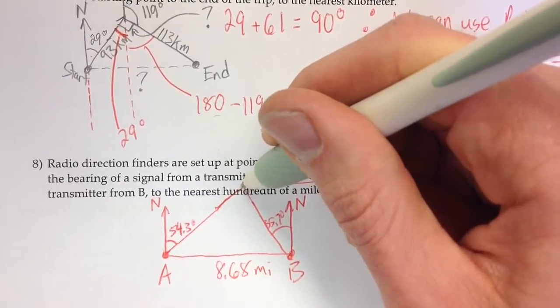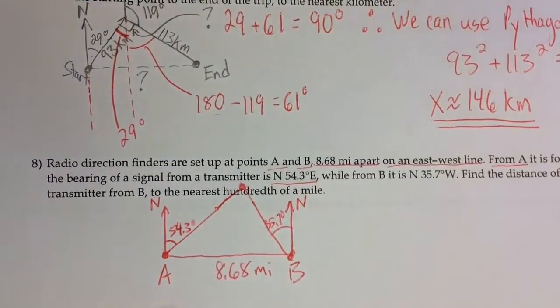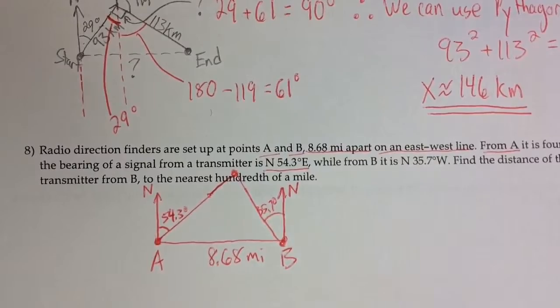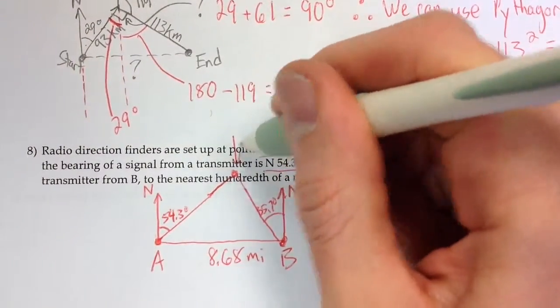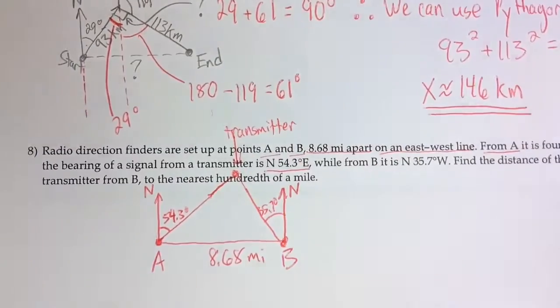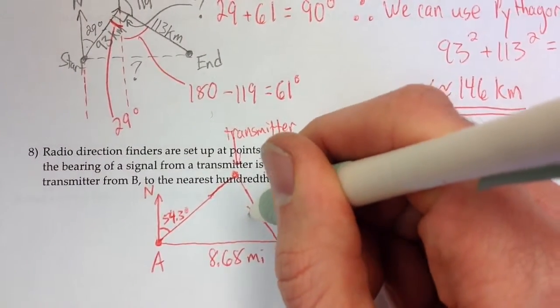So, like when you hear on TV shows or in movies, triangulate their position, this is essentially what they're doing. And that's how GPS works. Okay, we want to find out the distance of the transmitter. This is the transmitter up at the top. From B. So this is our x.